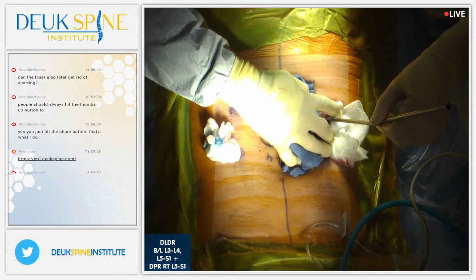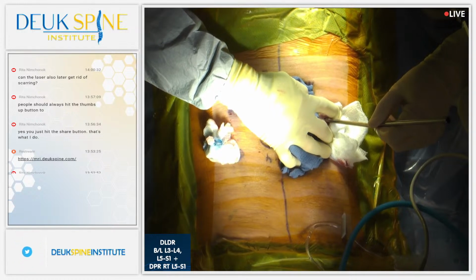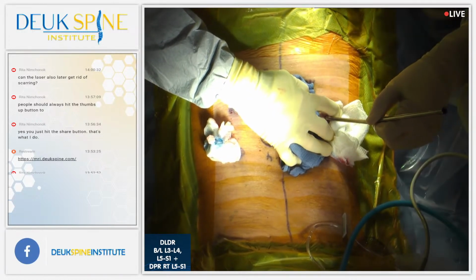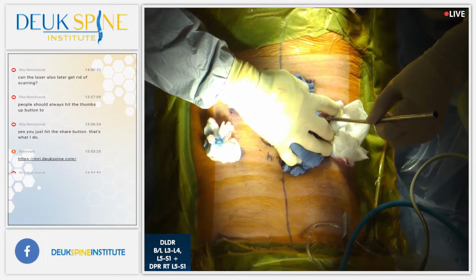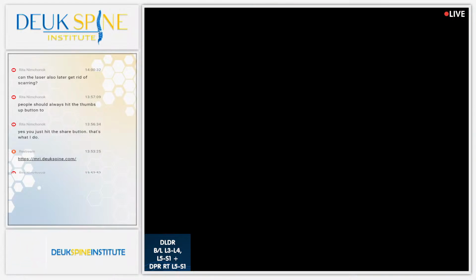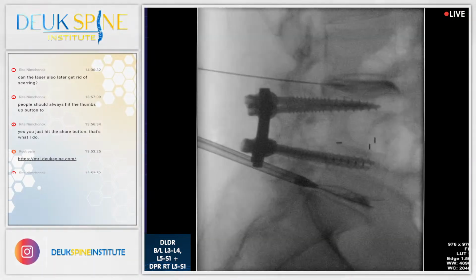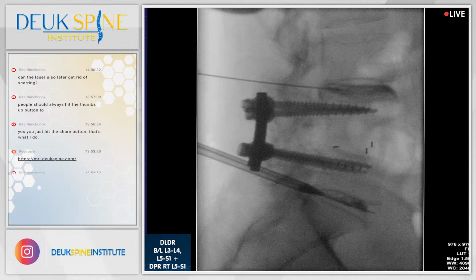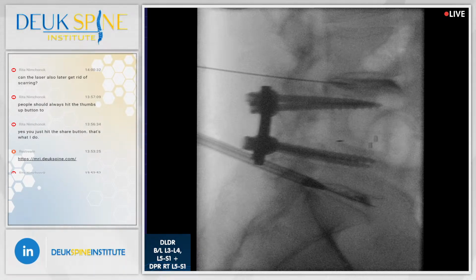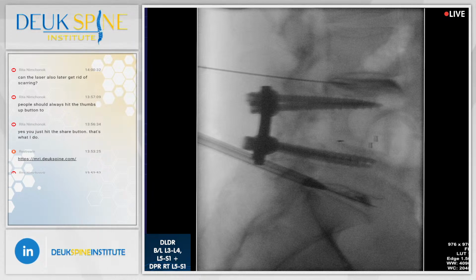It could be an effect on the disc, as this patient has, or an effect on the facet joint, as this patient has. Some patients get both disc problems and facet problems after their fusion. So this patient has both disc and facet pain after his fusion. That's why we have to fix both.